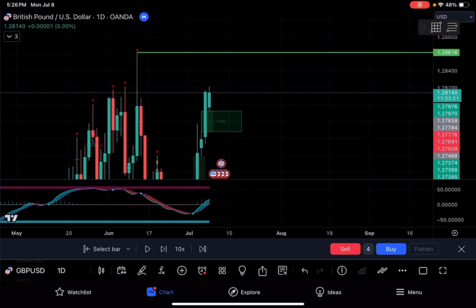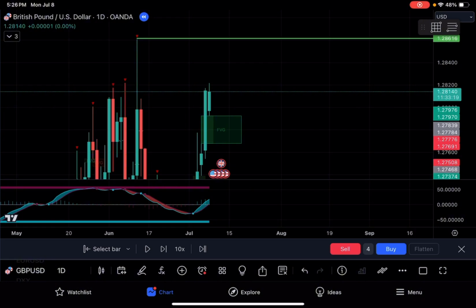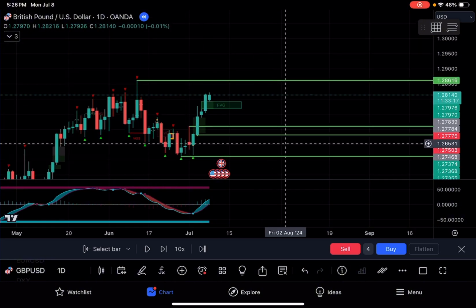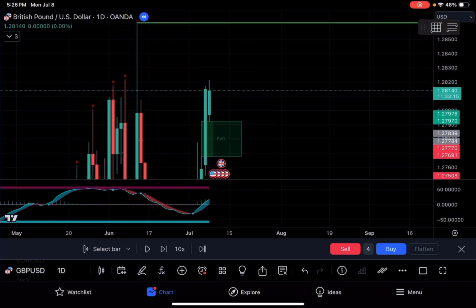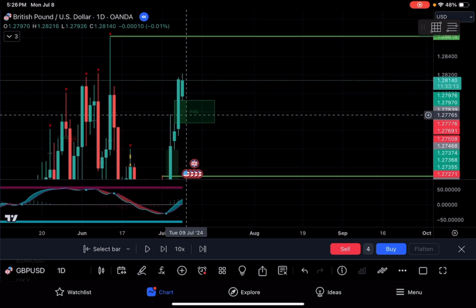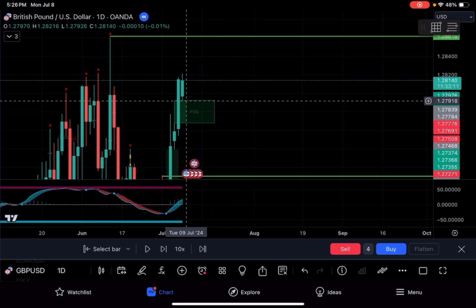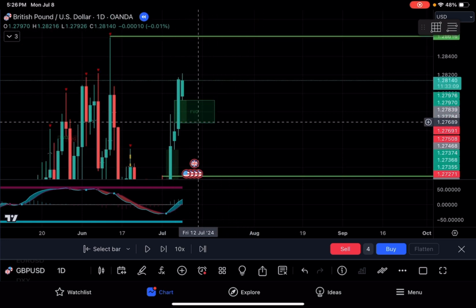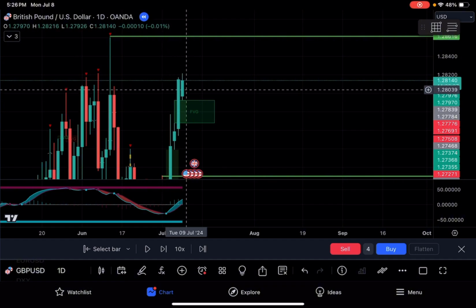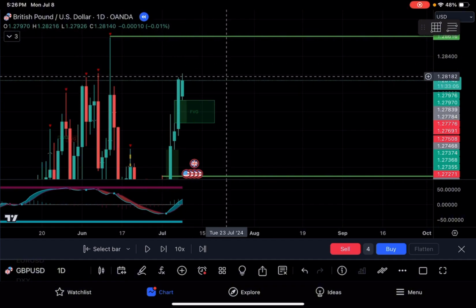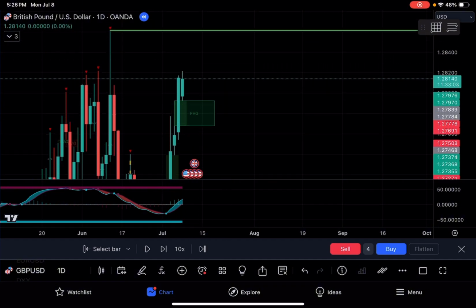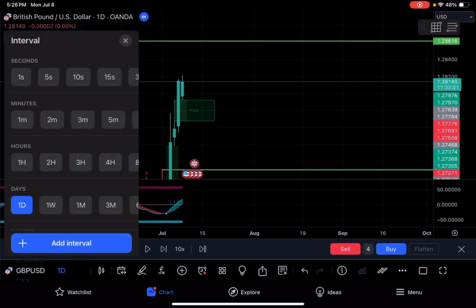External range liquidity is your higher time frame swing high or swing low. So since the price is on the internal range liquidity on the fair value gap, I would want the price to go back up. So my daily bias right now is bullish.